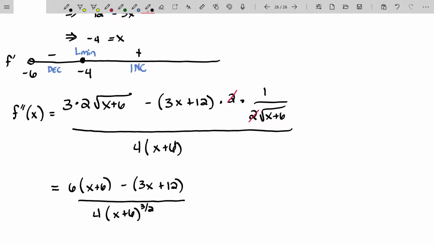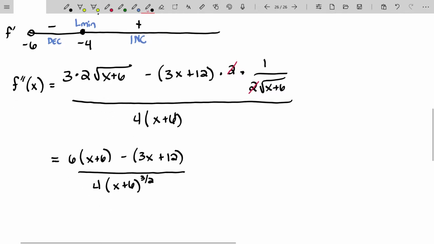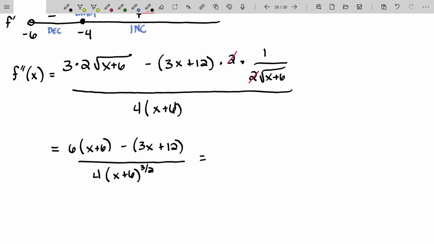We're just adding a half to all the powers of x plus 6. All right, and finally cleaning up. I have 6x minus 3x is 3x. I have 36 minus 12 is a positive 24. And this is all over 4 times the quantity x plus 6 to the 3/2.